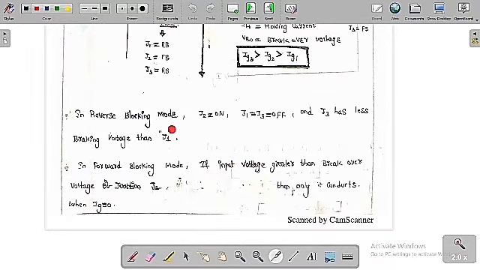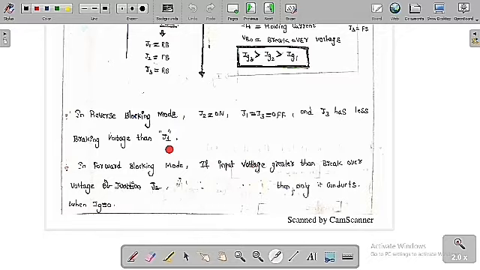See, in reverse blocking mode, junction J2 is on and J1, J3 are off, and J3 has less breakdown voltage than J1. If you compare J1 and J3, J3 has less breakdown voltage than J1 because the junction J3 size is less. As the junction size is very less, the breakdown voltage is very less.